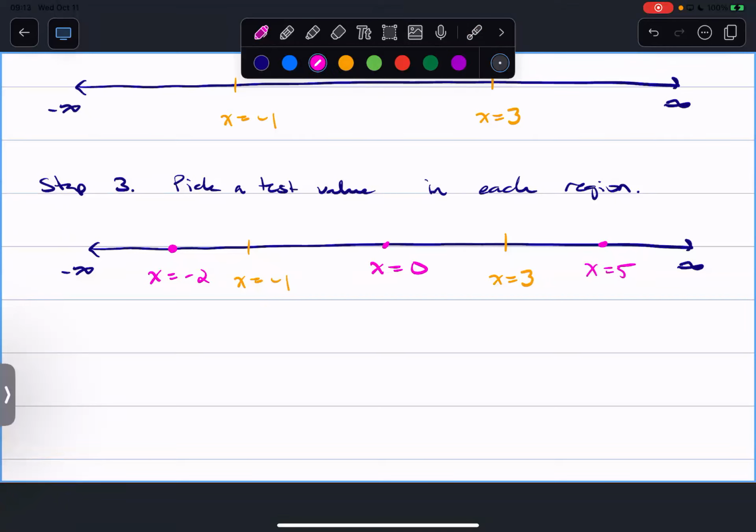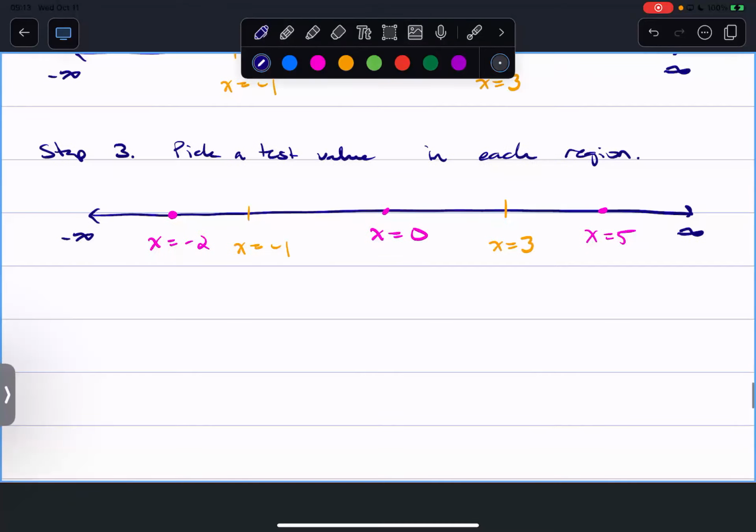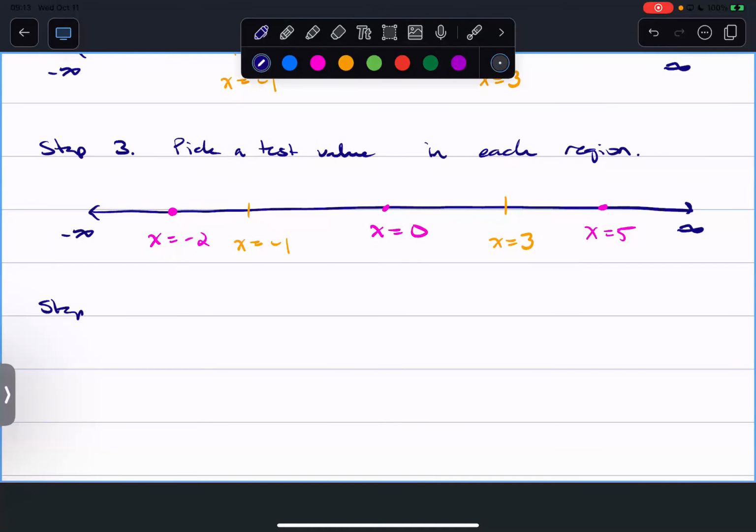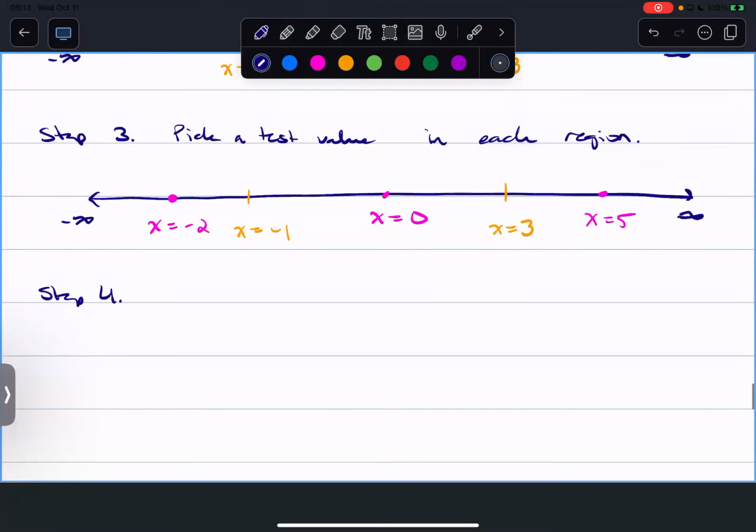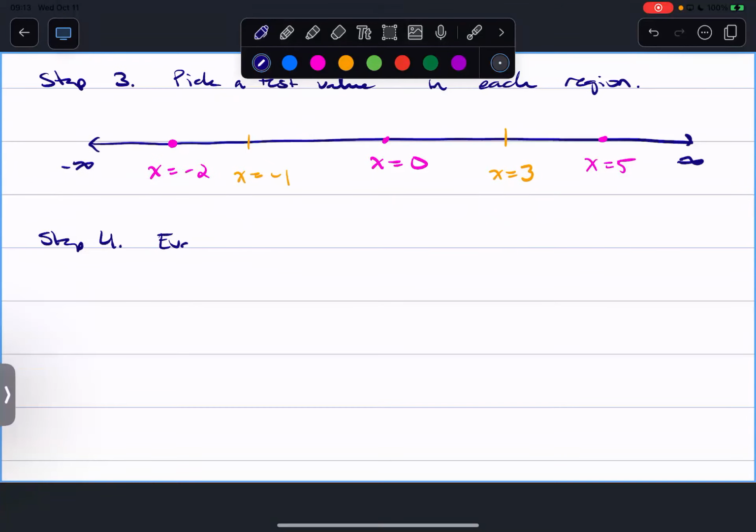So now, step 4, evaluate the inequality at the test values. Evaluate the inequality at the test values.